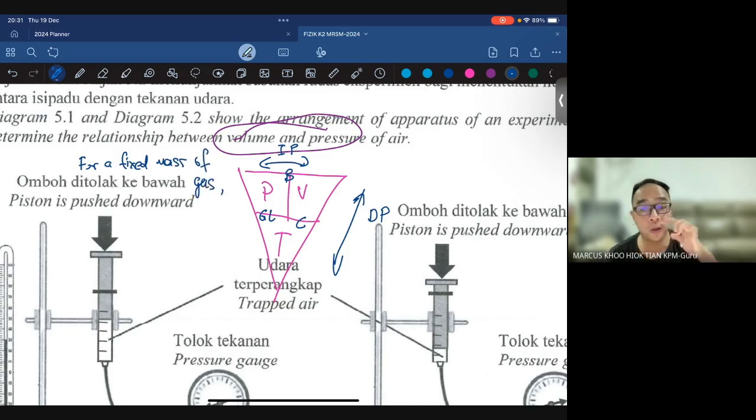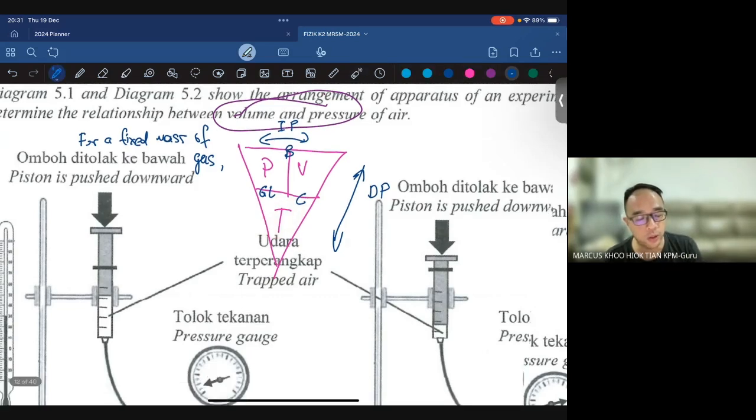Definisi untuk setiap hukum gas, bagi satu jisim gas yang tetap, for a fixed mass of gas, and then kamu cakap. So in this case, volume and pressure are the ones that are interacting. So kita tutup temperature sebab temperature yang menjadi constant. We cover this one, so PV.